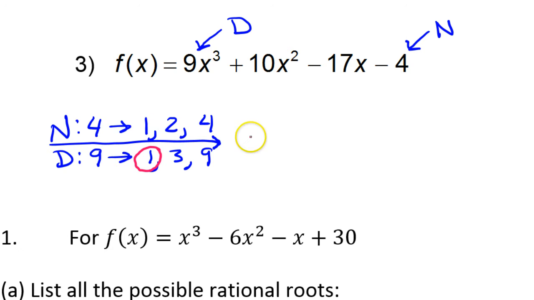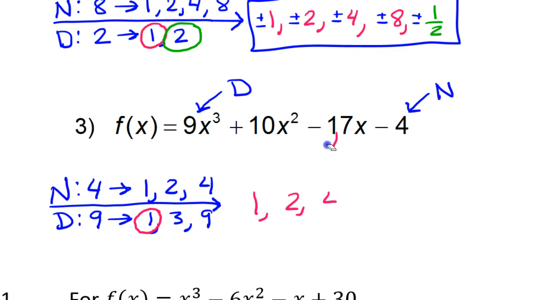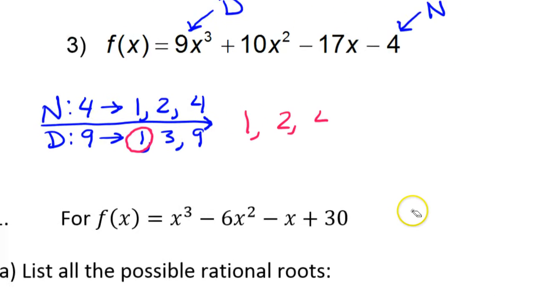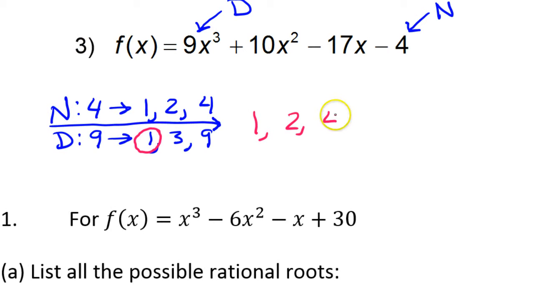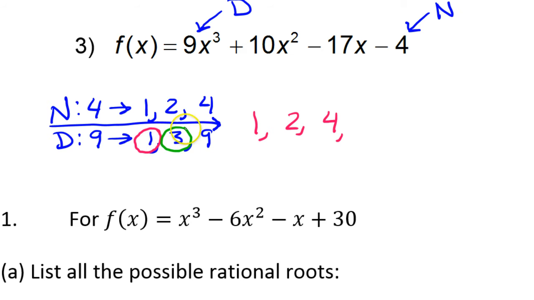So 1 over 1, 2 over 1, 4 over 1. Okay, so that's it for the denominator of 1. Now I'll do the denominator of 3. So 1 over 3, 2 over 3, and 4 over 3.